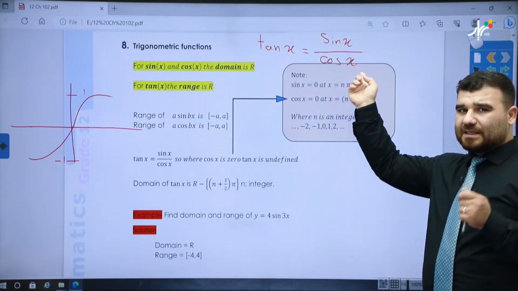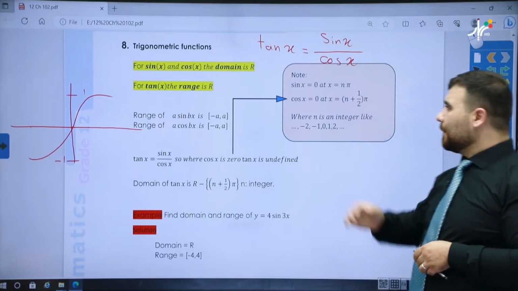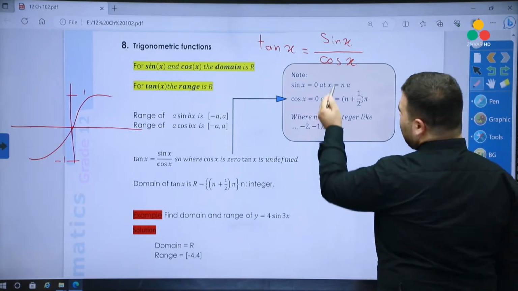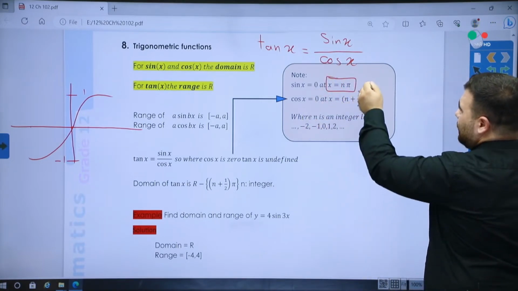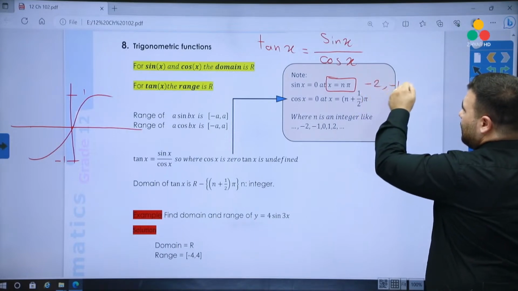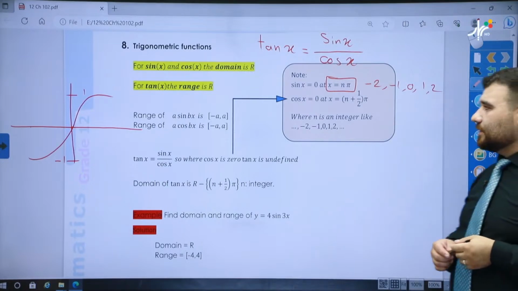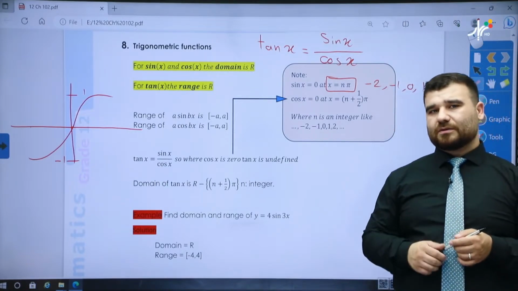Whatever number makes this 0 is not in the domain of tan. We simplified this. Sine is always 0 at n pi, and n is an integer like -2, -1, 0, 1, 2. These numbers are called integers. Sine of any integer times pi is equal to 0.